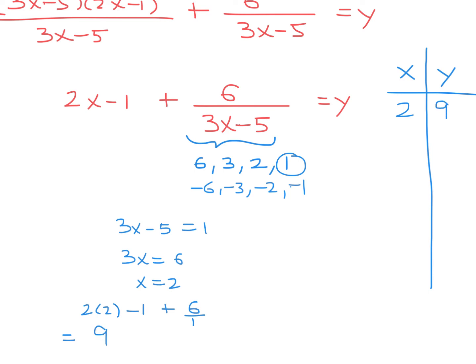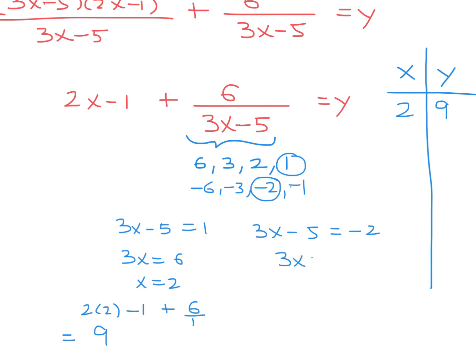And then the other value that works in terms of giving us integer solutions for both x and y is when you set 3x minus 5 equal to -2. And the other ones will not give you integer values. And like I said, you guys can do that on your own. So you set 3x minus 5 is equal to -2.